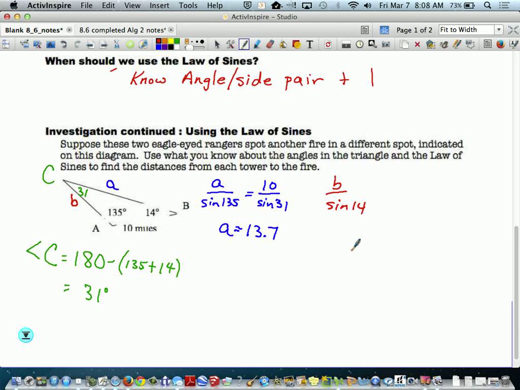In this case, I get it, 31 was not given, but I'm more confident that I got this right than this. So we're going to go back to 10 miles and sine of 31. So the partners that I know are used both times. What do you get for little b?